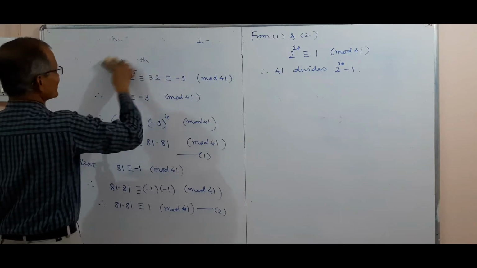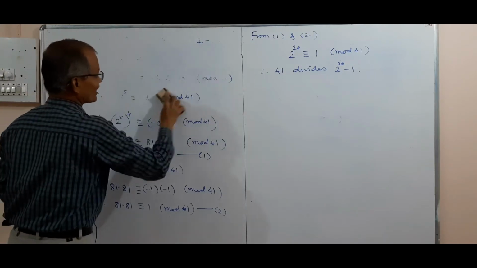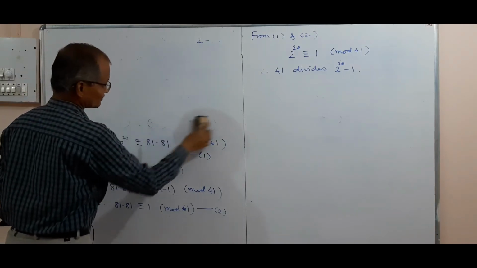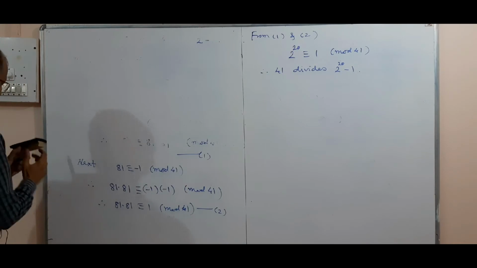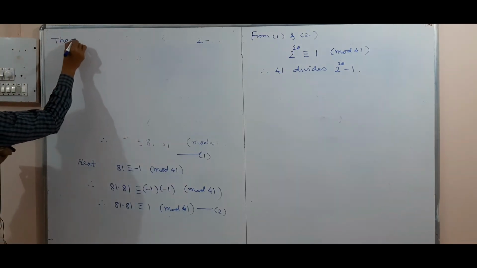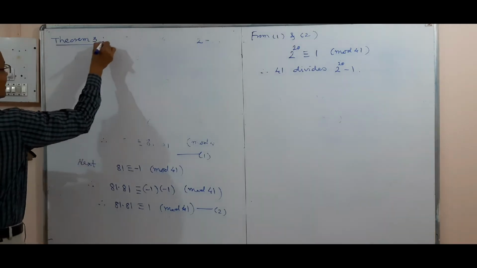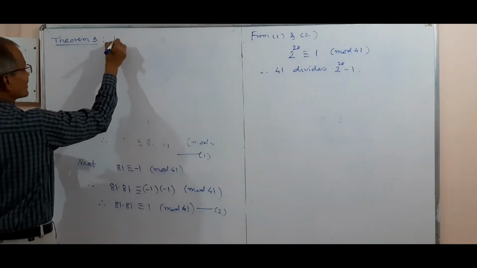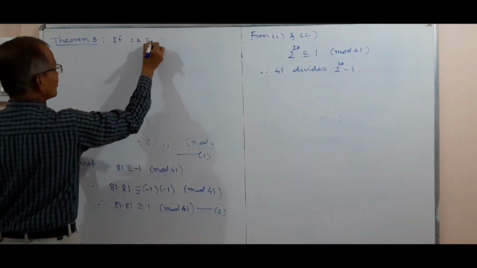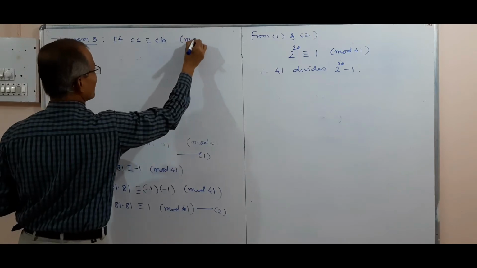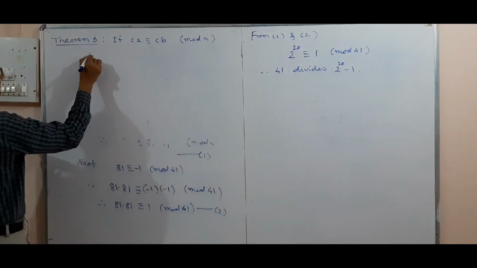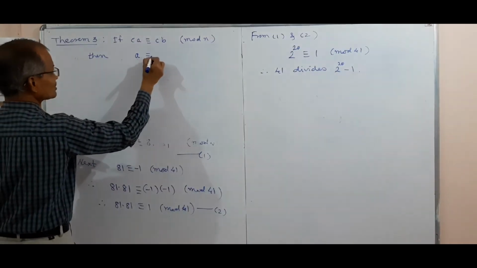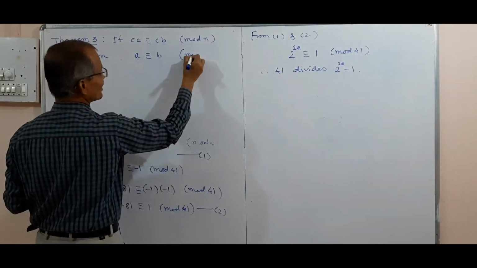Now we consider the next result as our theorem 3. The theorem statement is, if C into A is congruent to C into B modulo n, then we can cancel C on both sides provided one condition: A is congruent to B, but the modulus becomes different.